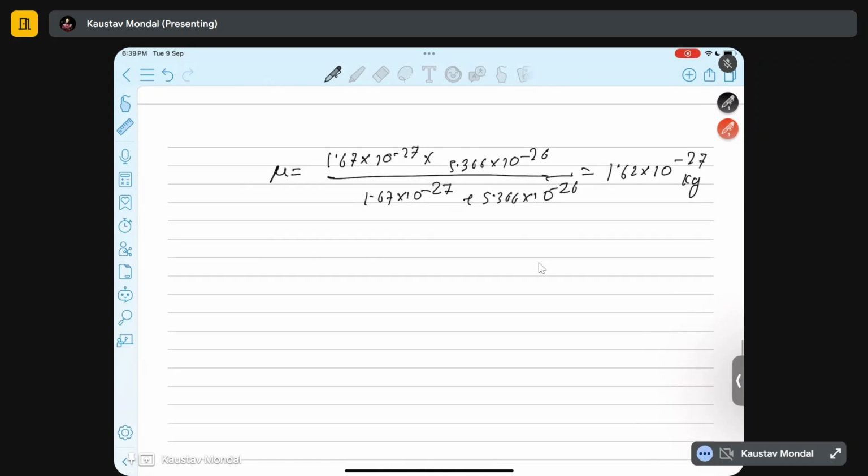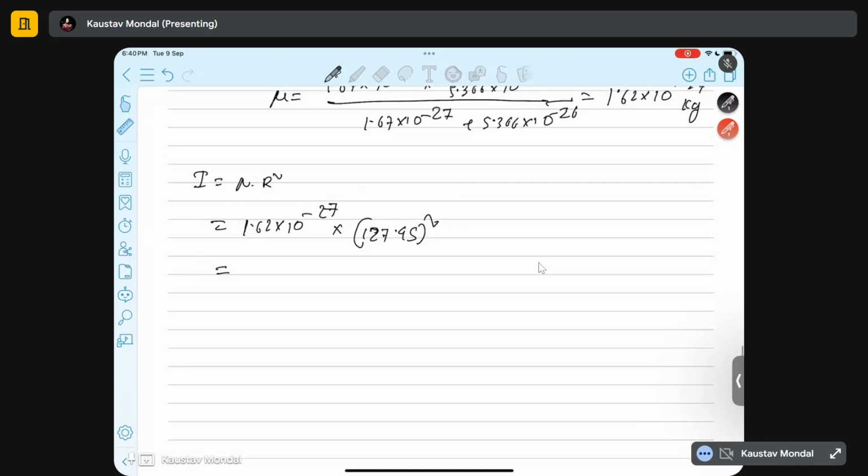Now from the reduced mass, you can calculate the moment of inertia. The R is given. So I equals mu into R square, mu we already know, 1.62 into 10 to the power minus 27. And R square is the bond length that you already know, 127.45 whole square.